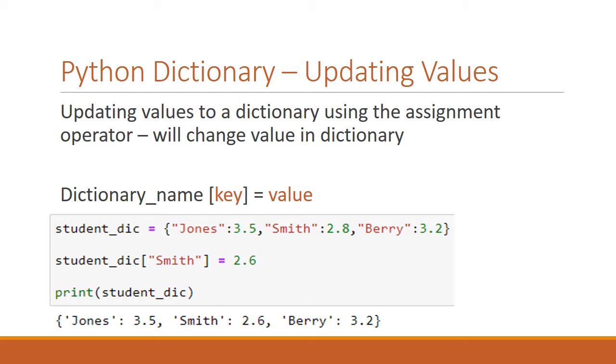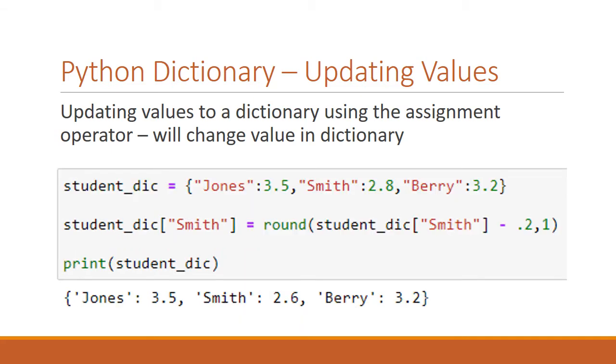Because Smith is in the dictionary, the value that was associated with Smith is gone, and the new value will be 2.6. When we print our dictionary, you see that now Smith has a grade point average of 2.6.